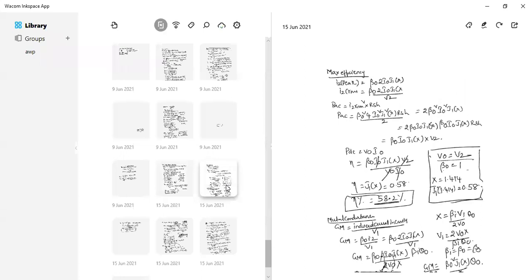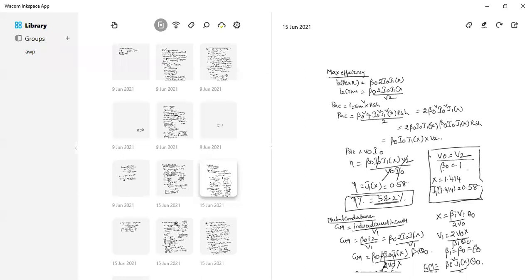From that, the maximum conversion efficiency we got is 58.2 percent. That's the maximum conversion efficiency, but practically it is less than 40%. In some documents we have also observed it is 15 to 25%, less than that.